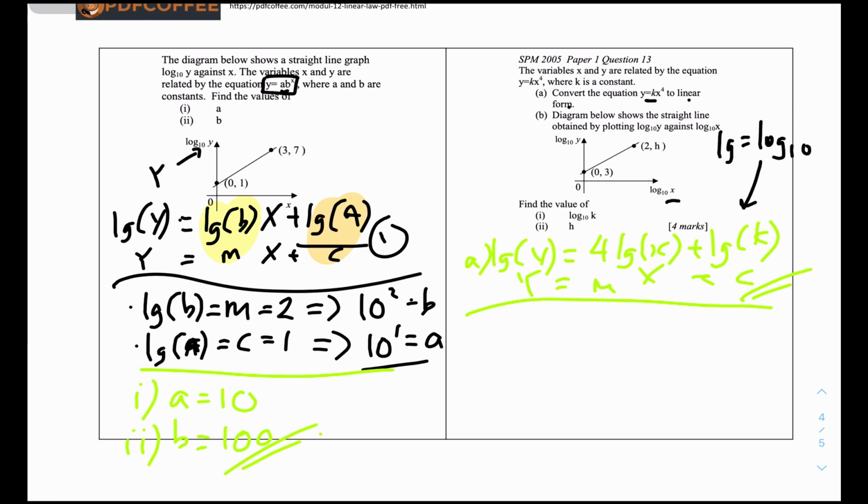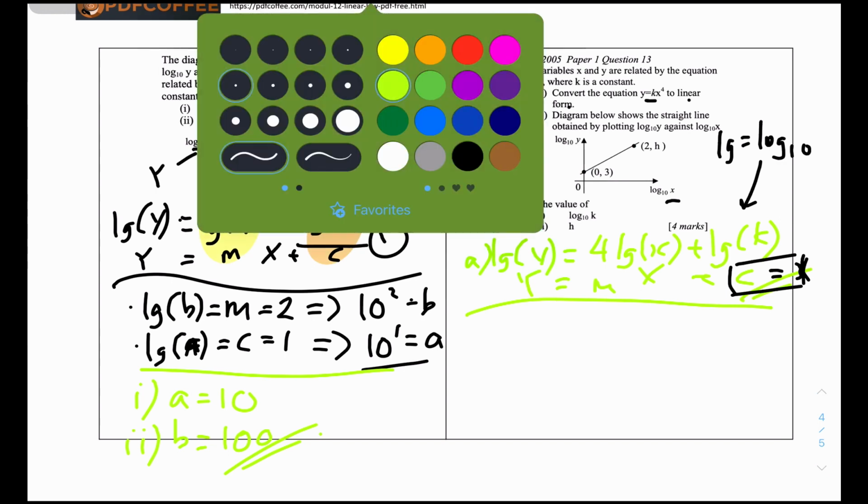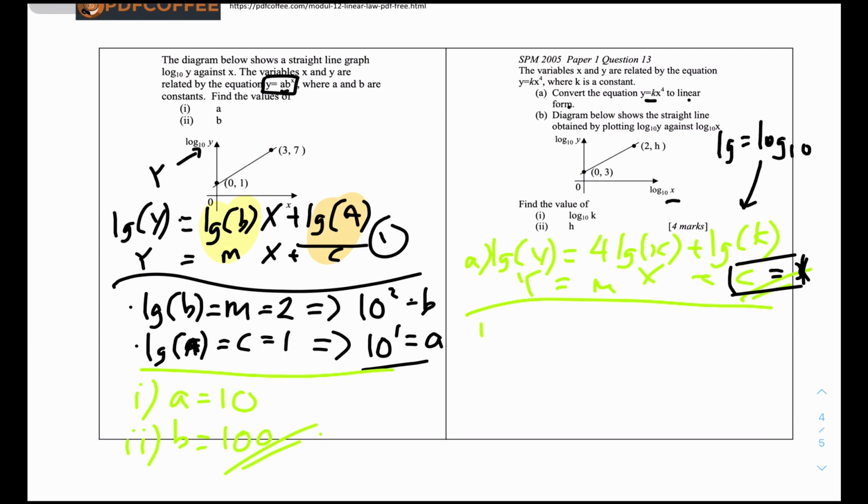So this point right here shows us the y-intercept, because when x equals 0, it means the y-intercept. So the y-intercept is basically 3, so c equals 3. And we know that log base 10 k is the y-intercept. That means log base 10 k is equal to 3.